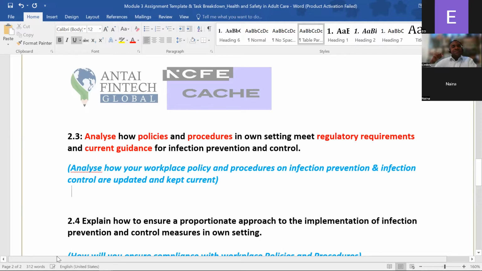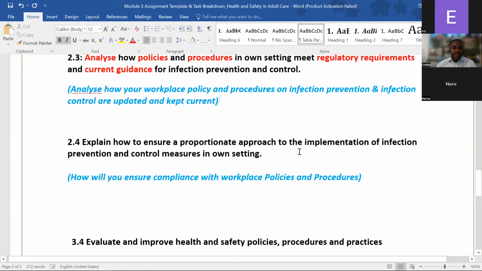So when inspectors come, the Care Quality Commission, CQC, they want to see whether your workplace policies are up to date or outdated. If they are outdated, there is trouble. Okay, so that's what this question is referring to.